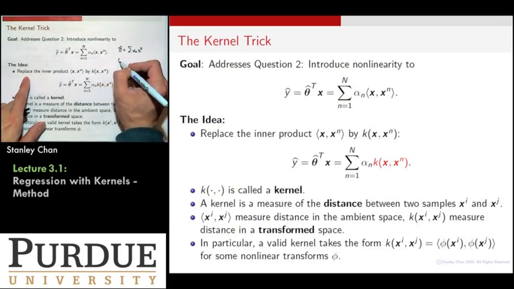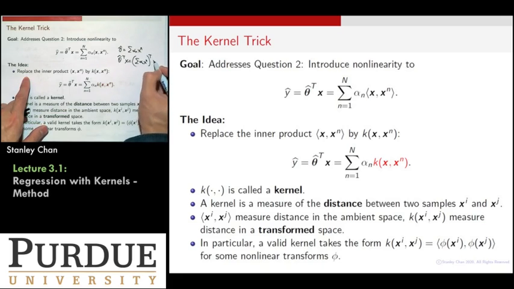So theta hat transpose x is the summation of alpha n, xn transpose x, which is just the inner product of xn and x. That's how we get to this equation.